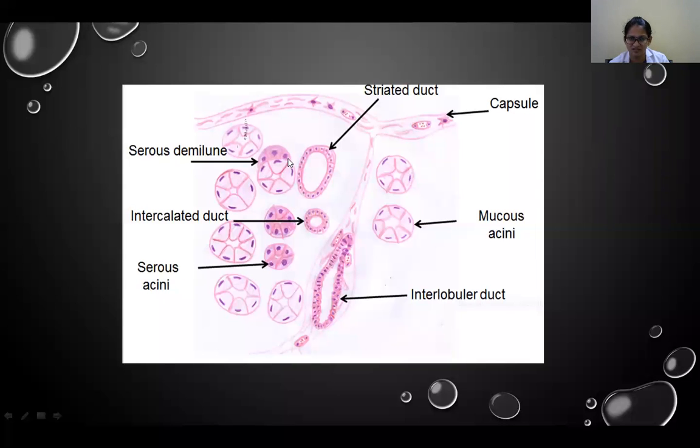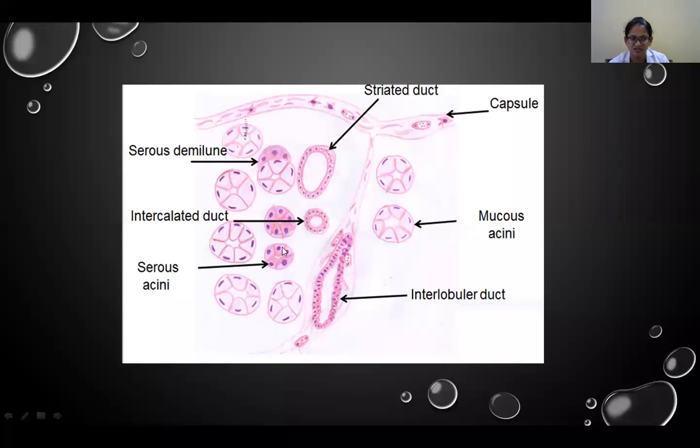See here, this is the serous cell which attaches to the mucous cell in a cap shape, or in a concentric manner. So it is called a serous demilune. The name itself indicates that the serous cells are attached in a half-moon shape to the mucous cells.